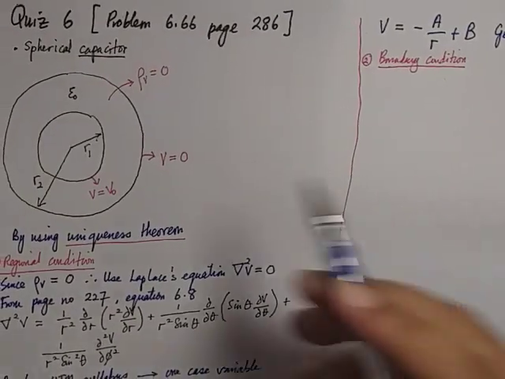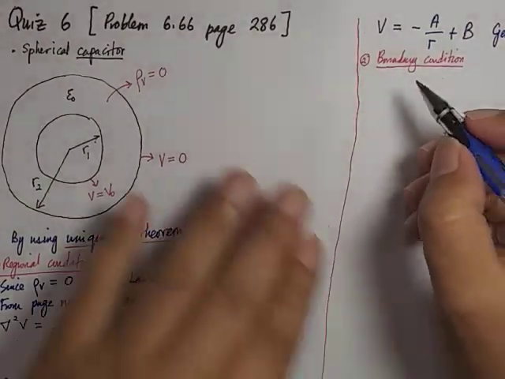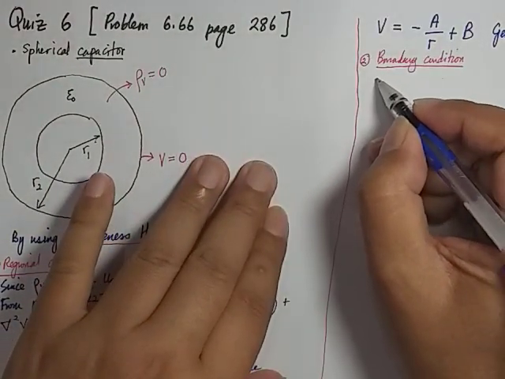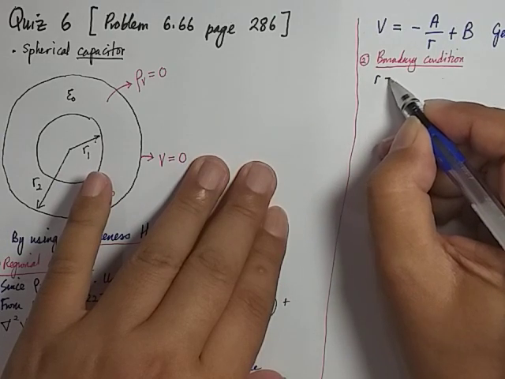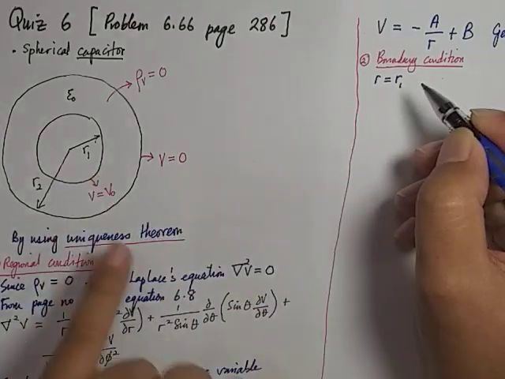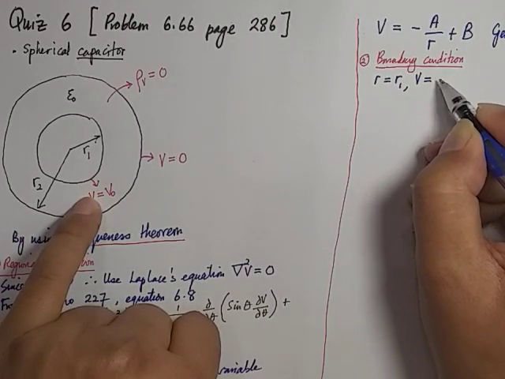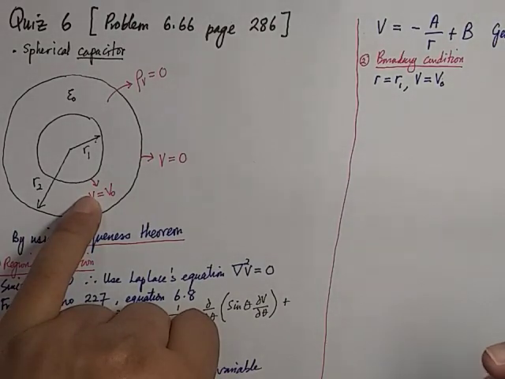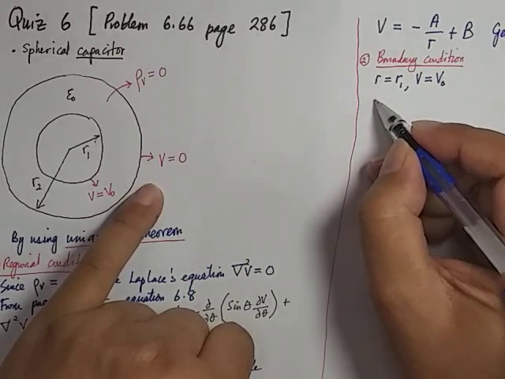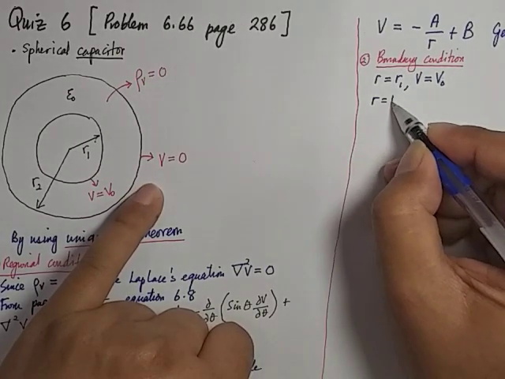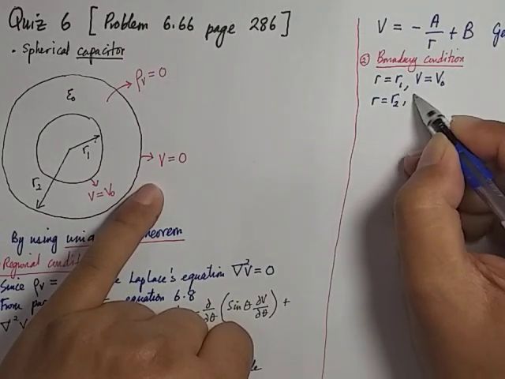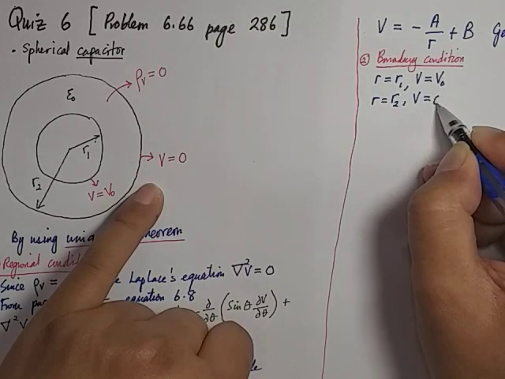Based on our definition of boundary just now, at r equal to r1, we can see the potential is defined by V0. That should be the first boundary condition that we can extract from the diagram. Then at r equal to r2, we can see V here is equal to 0.